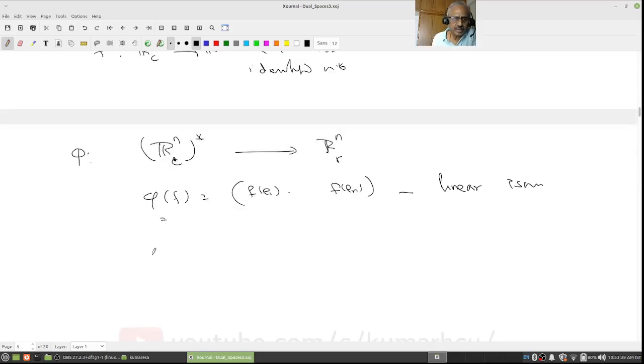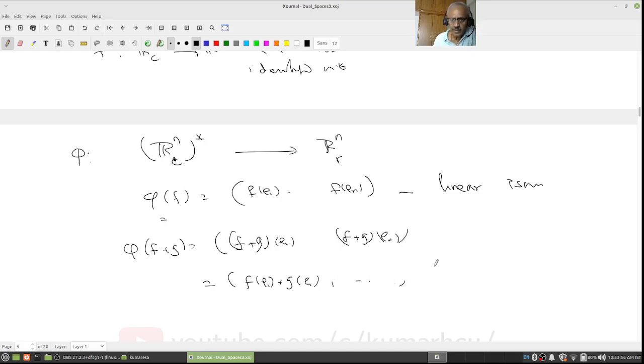Why? That is very easy. What is phi of f plus g? Phi of f plus g is (f plus g) of e1, ..., (f plus g) of en. That is f of e1 plus g of e1, ..., f of en plus g of en. That is the row f of e1, ..., f of en plus the row g of e1, ..., g of en.